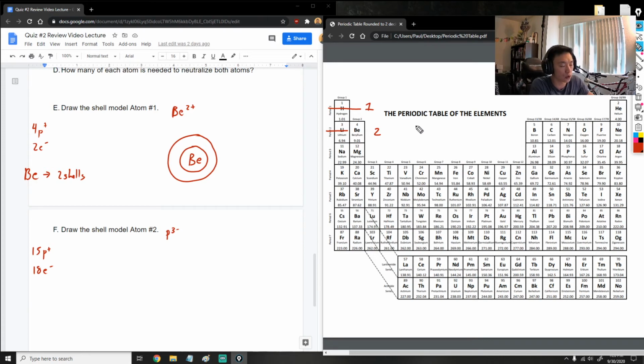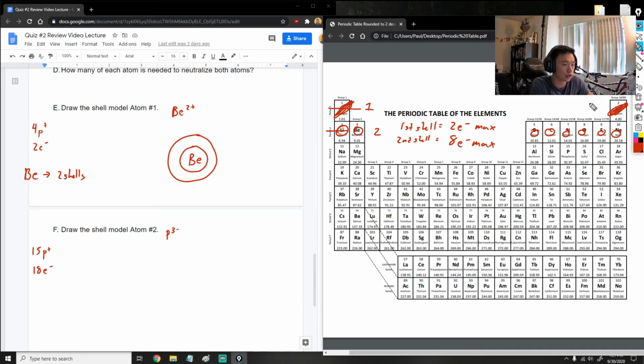If you remember from earlier, the first shell is the first row. The first row has 1 box, 2 boxes. Since there's 2 boxes, it can hold 2 electrons max. The second shell, since it has 1, 2, 3, 4, 5, 6, 7, 8 boxes, can hold 8 electrons max.